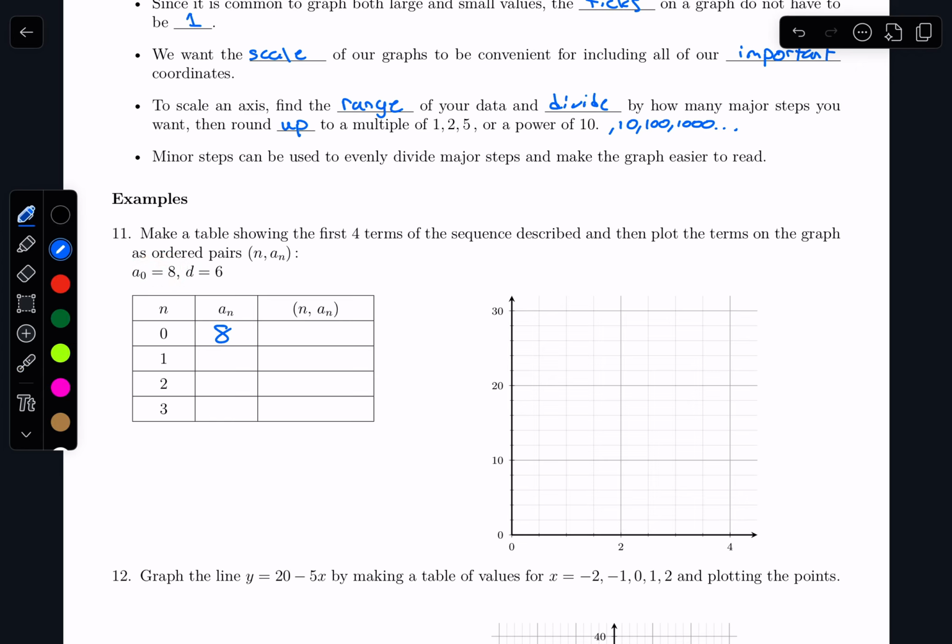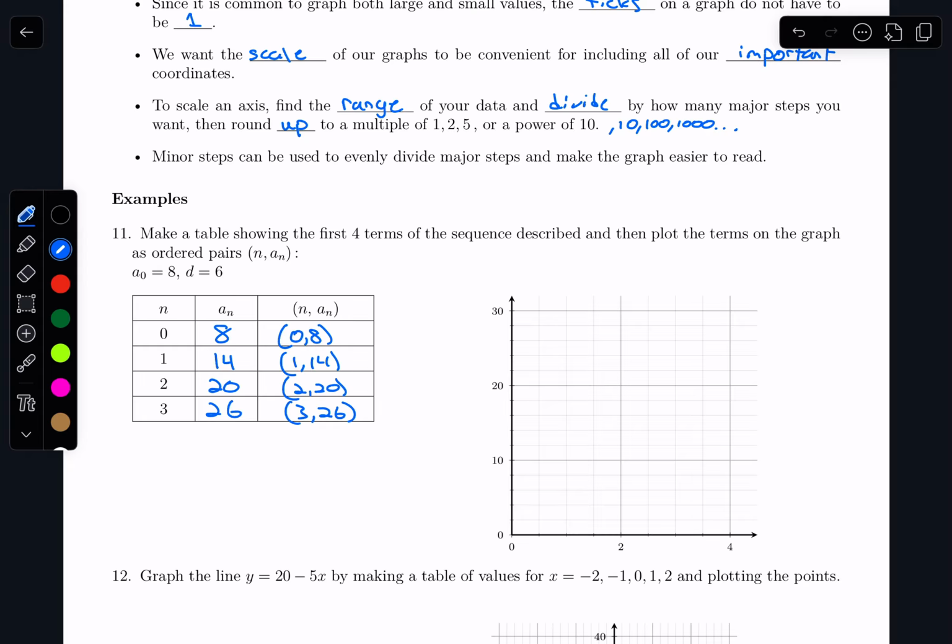And then it tells me my common difference is 6, so to go to the next term, I just add 6 each time. So term number n equals 1, so a sub 1 is going to be 14, because I just add 6, then 20, and then 26. If I write these as ordered pairs, I have (0, 8), (1, 14), (2, 20), and (3, 26).